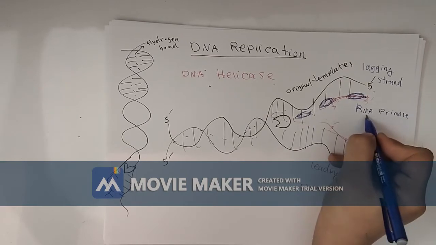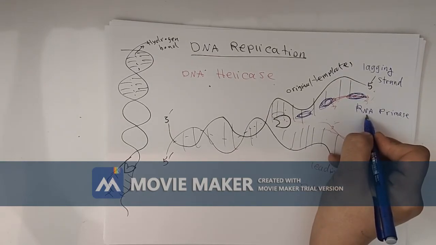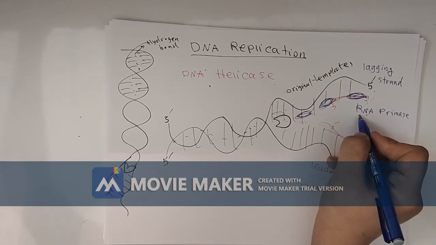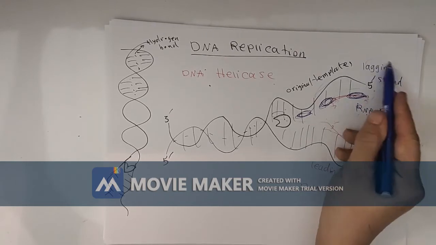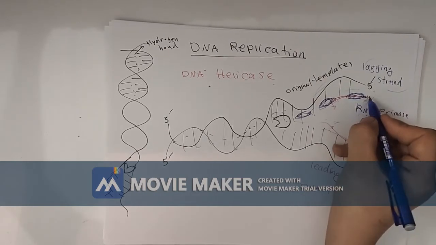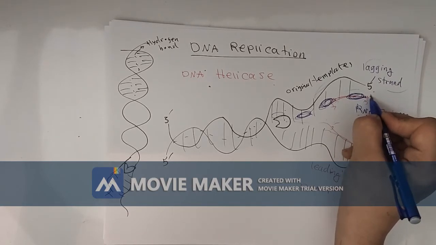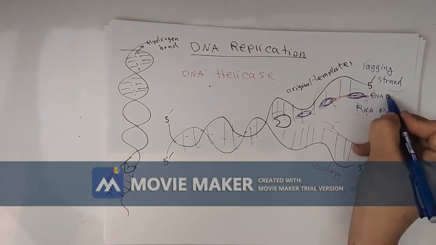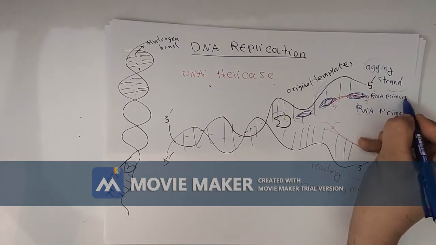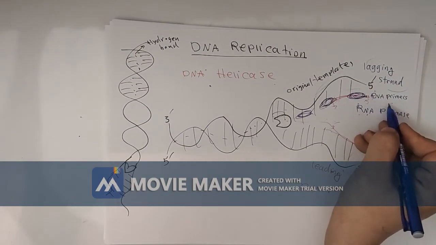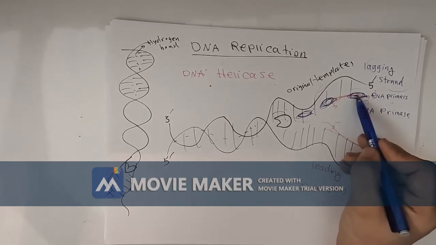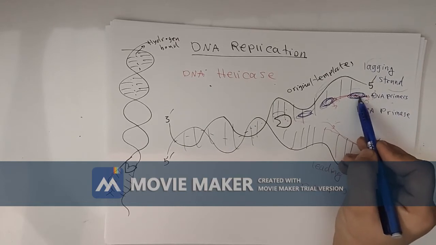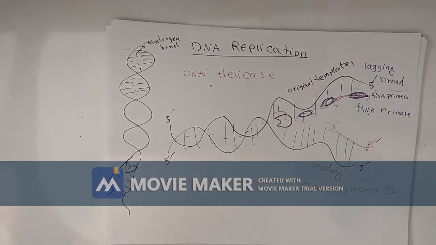The RNA primase makes very small sections on the lagging strand, called RNA primers. It shows the DNA polymerase where it should start replication.